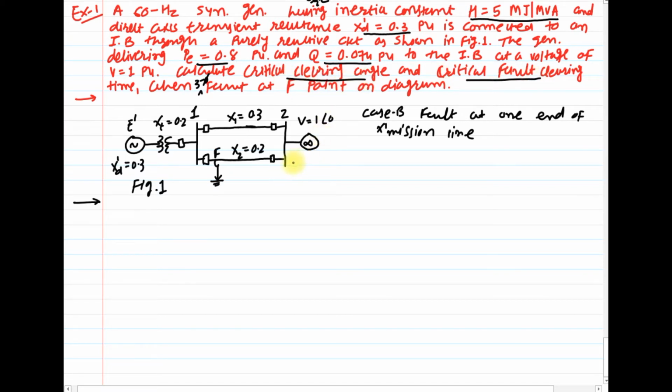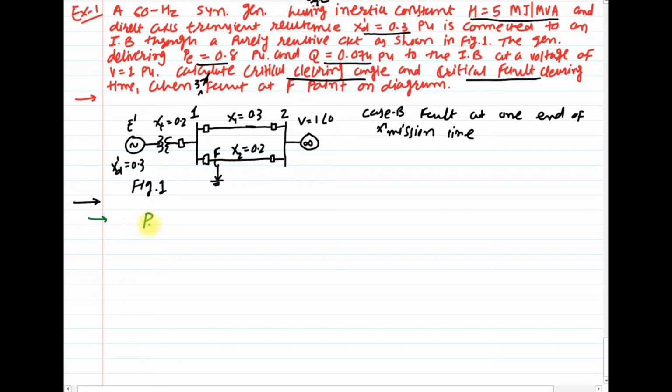Clear? So let us first calculate the normal operating condition, meaning the power transferred by the machine to the infinite bus during normal operating condition.